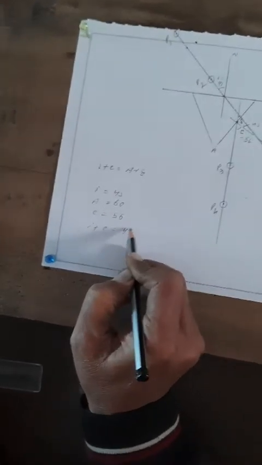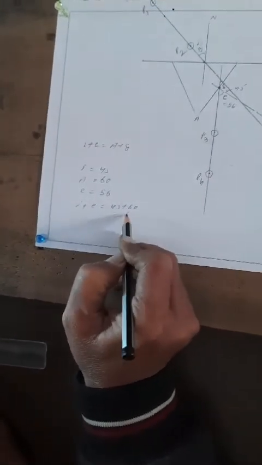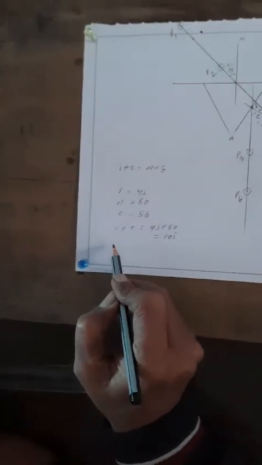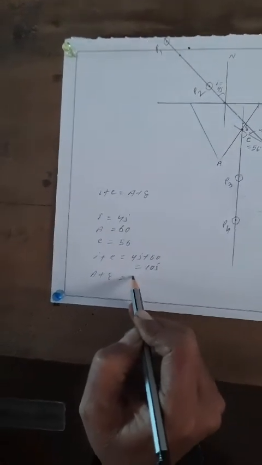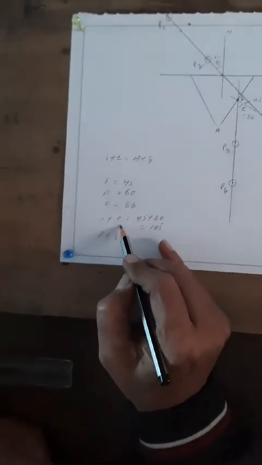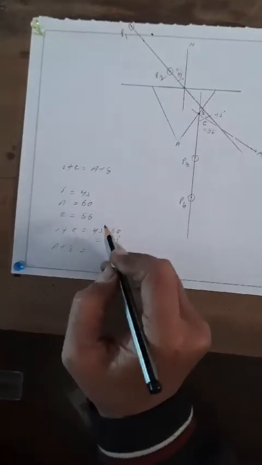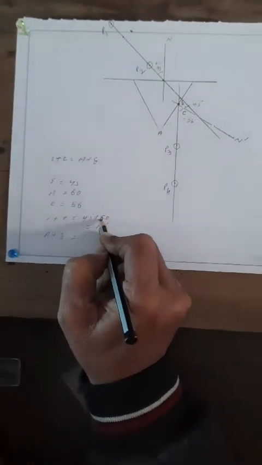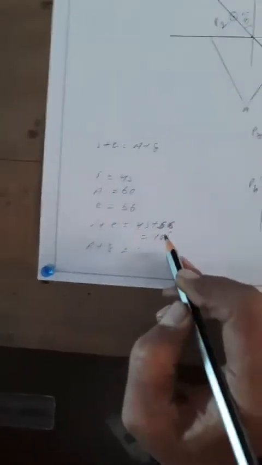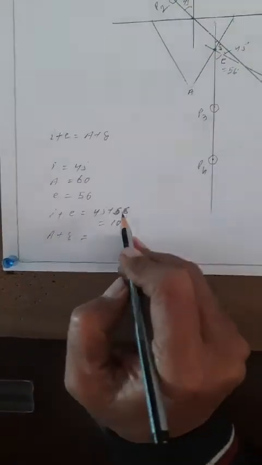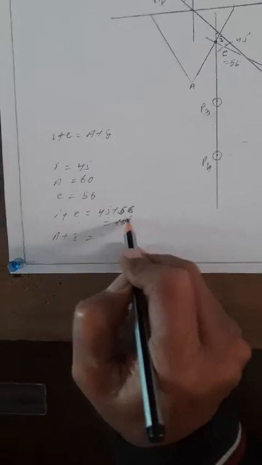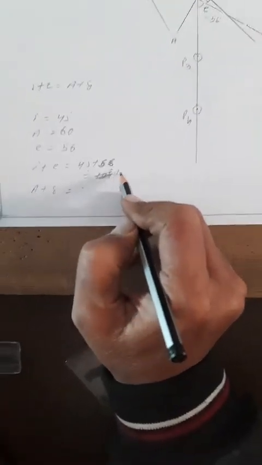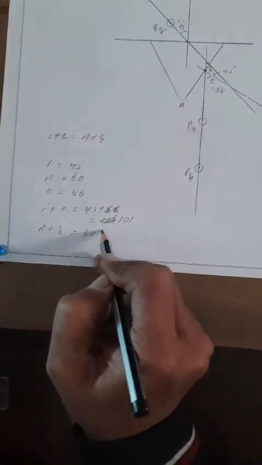I is 45 and E is 56, so I plus E is 101. And A plus delta is 60 plus 45.